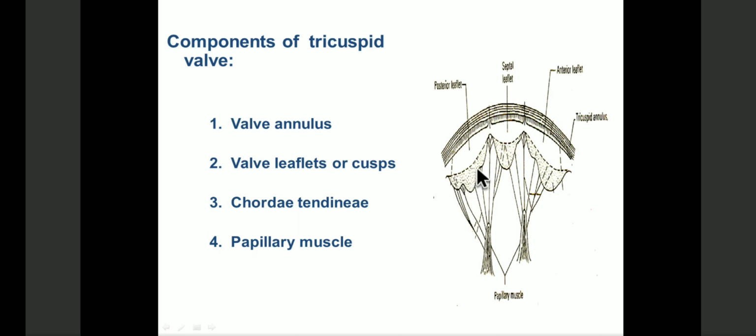The rough part being towards the right ventricle because of the attachment of these fibrous cords, which we call the chordae tendineae and papillary muscles. These chordae tendineae from the three papillary muscles don't go and attach directly to a single cusp, but they are multiple bands going to the two adjacent cusps.